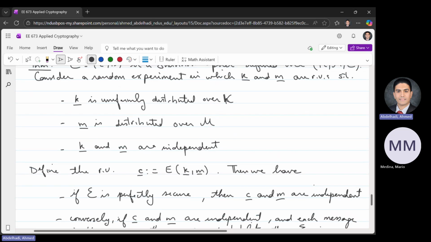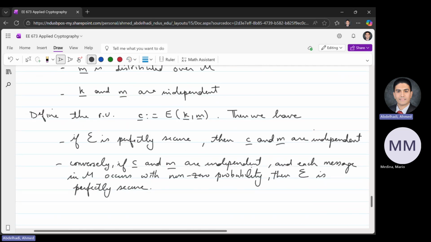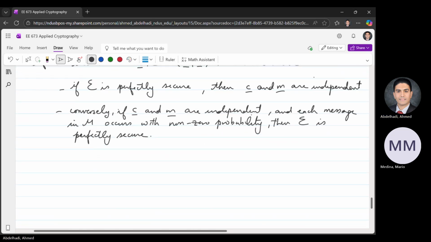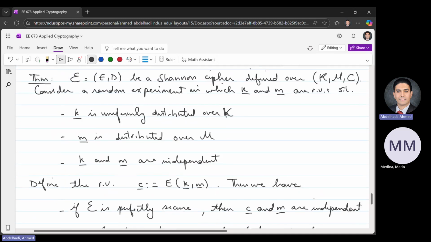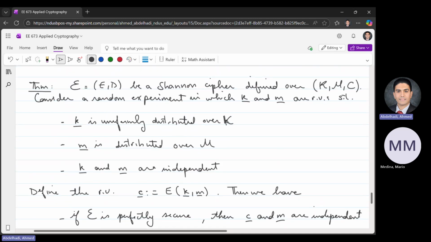So first, before going into the proof of this, we need to know what the notion of independence means. We have the same Shannon cipher over K, M, and C. K is uniformly distributed.